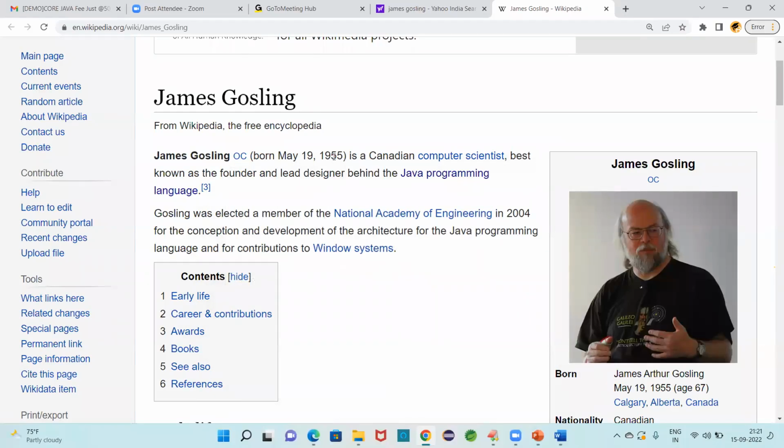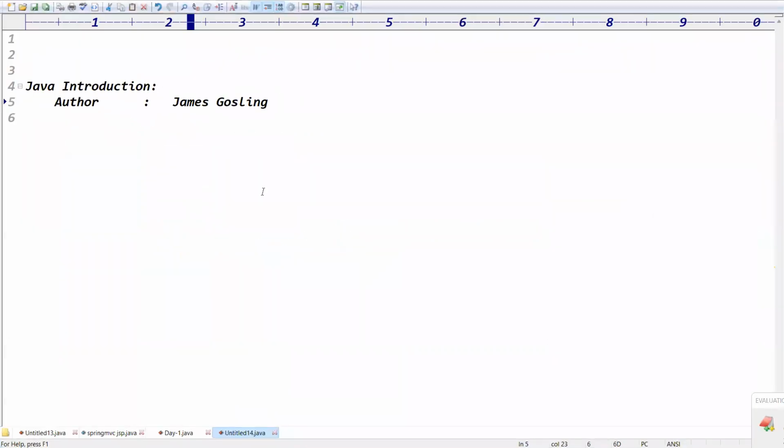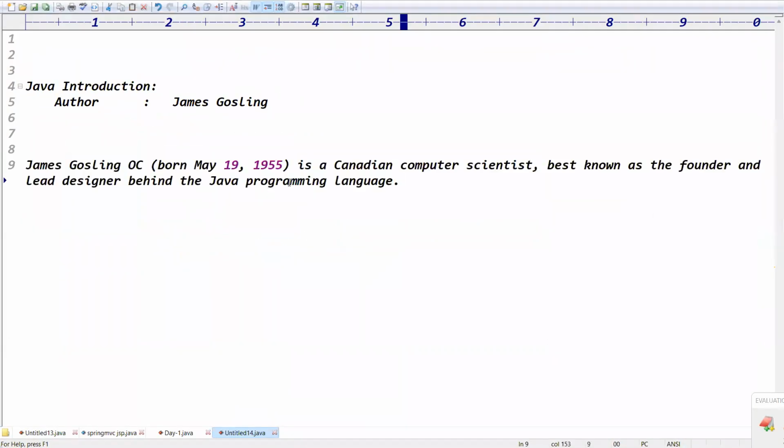I think after independence, right? A Canadian computer scientist, best known as the founder of and lead designer behind the Java programming language.